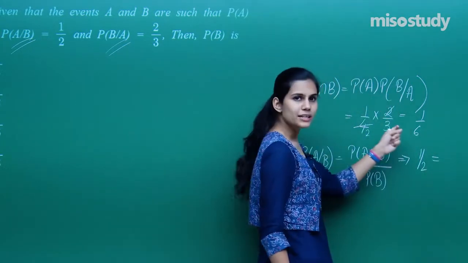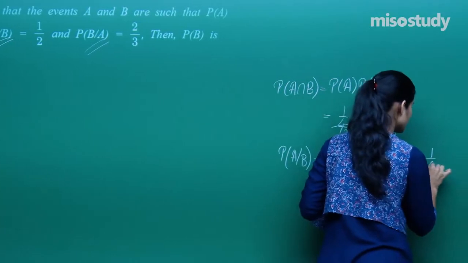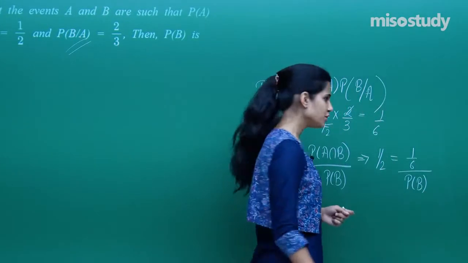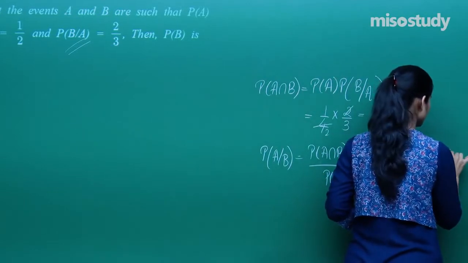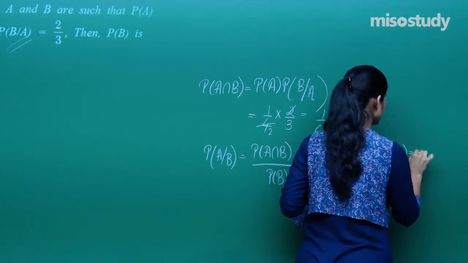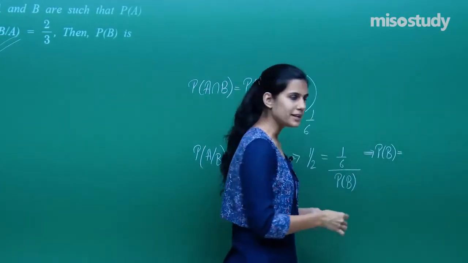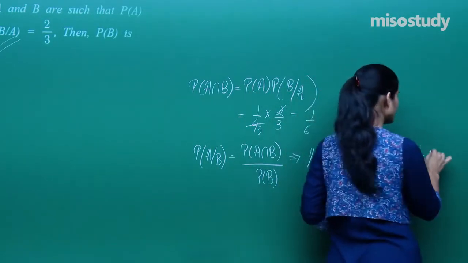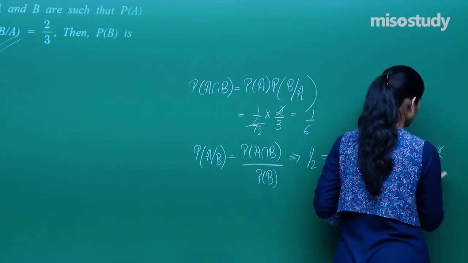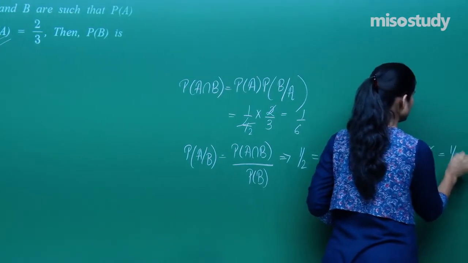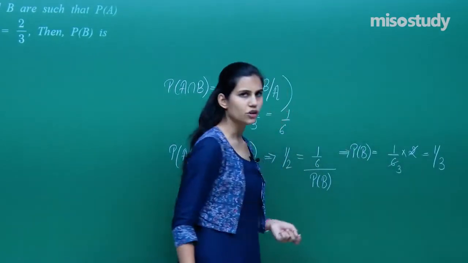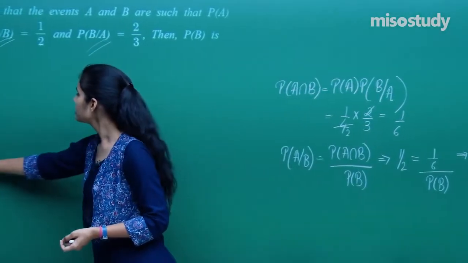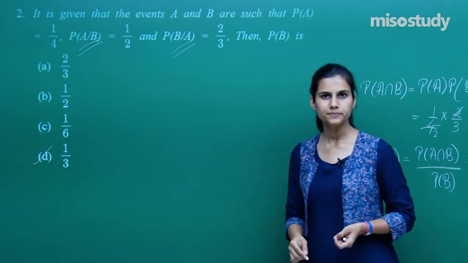Probability of A intersection B I just found to be 1 by 6, whole upon probability of B. So probability of B becomes what? 1 by 6 upon 1 by 2, that is 1 by 6 divided by 1 by 2, or multiplied by 2. And you get 1 by 3 as probability of event B. Okay, so probability of event B is 1 by 3.